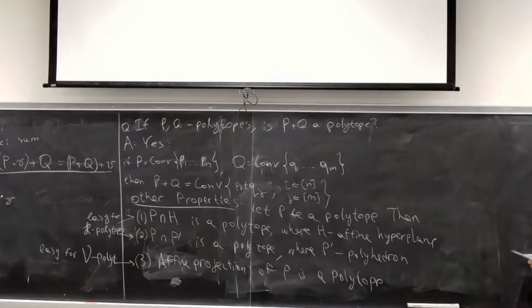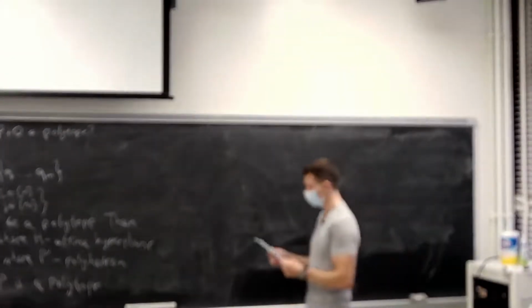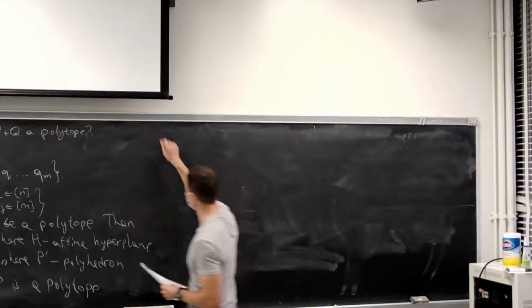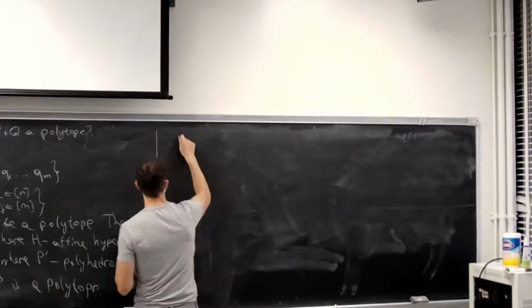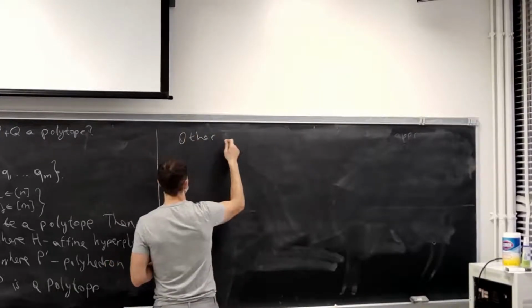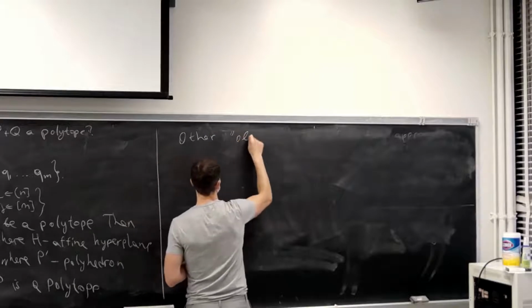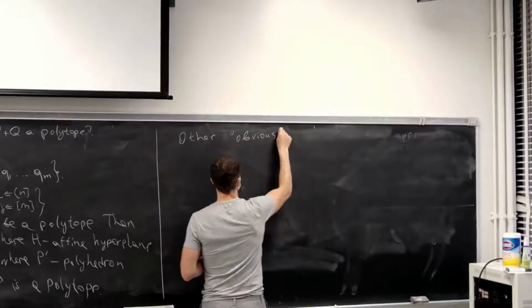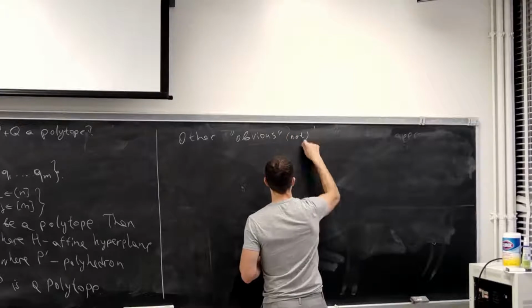You can call them obvious properties, even though they look obvious, but they are not obvious properties.